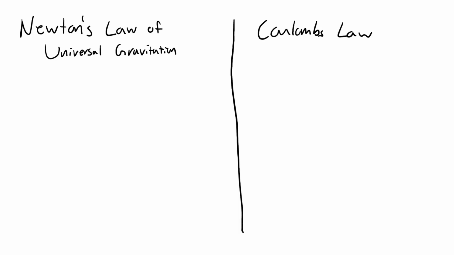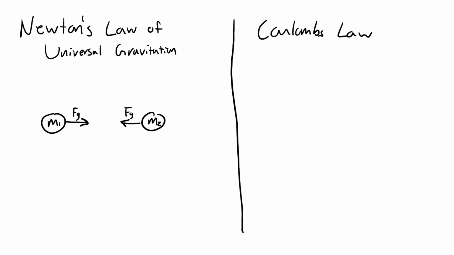Like I said, the two laws are pretty similar, and we've covered Newton's Law of universal gravitation in the Unit 6 video. So if you want a review of that, you could look at Unit 6. Newton's law of universal gravitation basically states that any two objects that have mass, so basically any objects that are made of matter, even if it's just a proton or an electron, are going to exert some kind of gravitational force on each other, and it's equal and opposite.